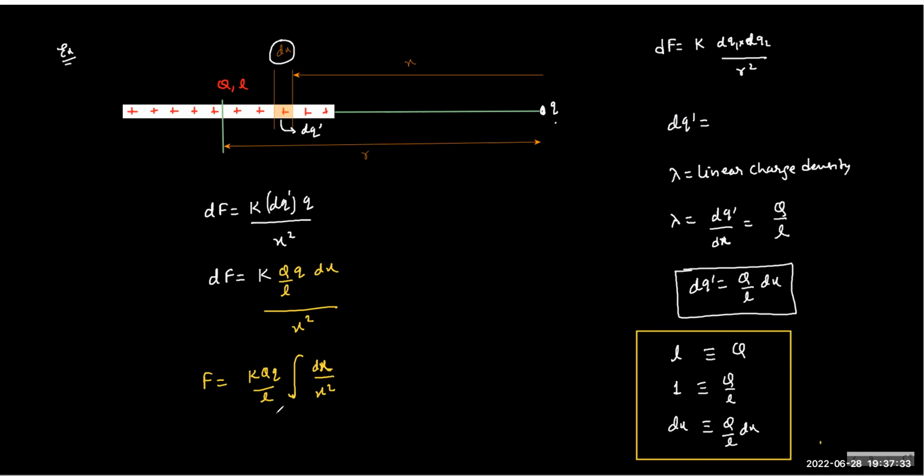The limit is taken to cover the rod actually, because the rod will have infinite such elementary dq dash. So how must x vary to cover the rod? Tell me. As x varies, it should take care of every part of the rod from the beginning to the end. How am I going to achieve this?